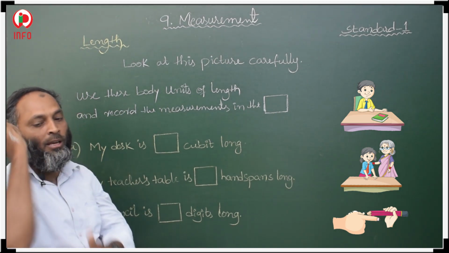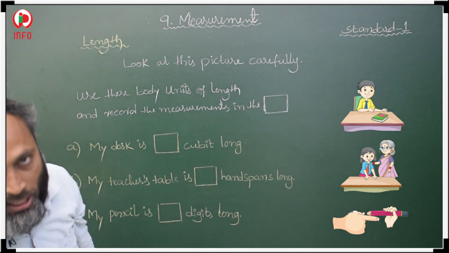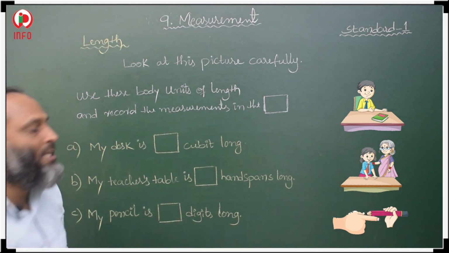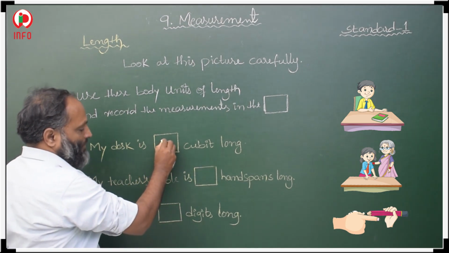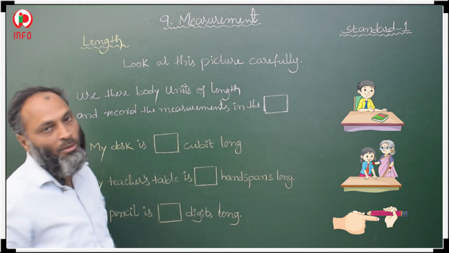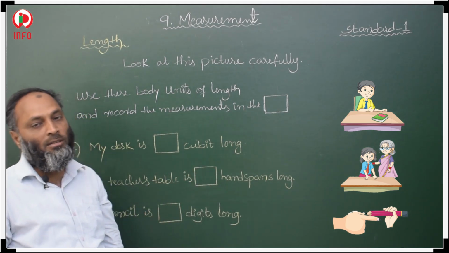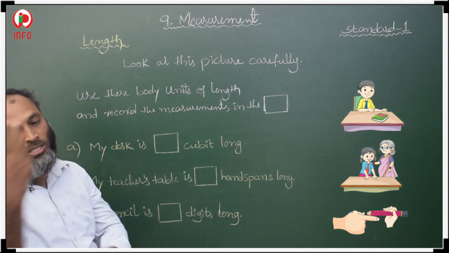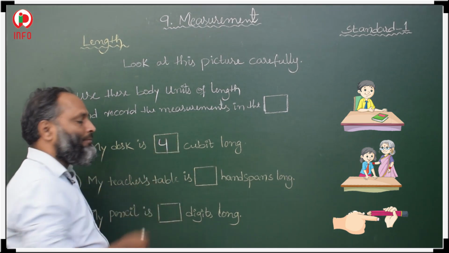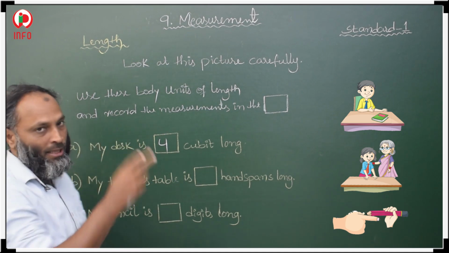using cubit. Whatever length you are getting approximately, you have to write in the box. It is approximately 2 cubits. If suppose the length is 2 cubit, then write here 2 cubit or 3 cubits. Your small kids know, your cubit length is small, so you will get approximately 4 cubit. So calculate your desk length using cubit.